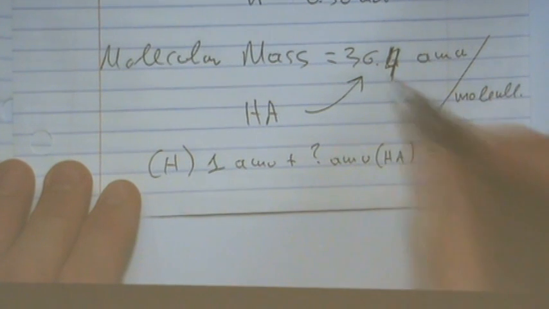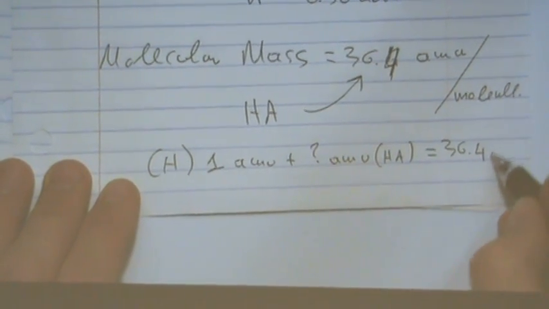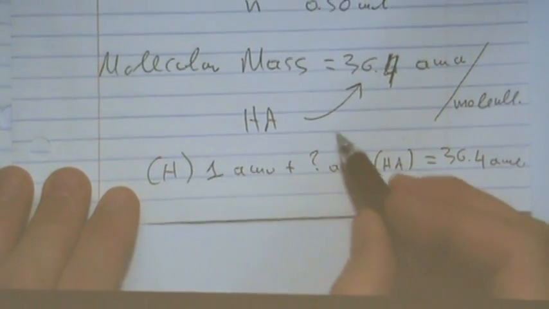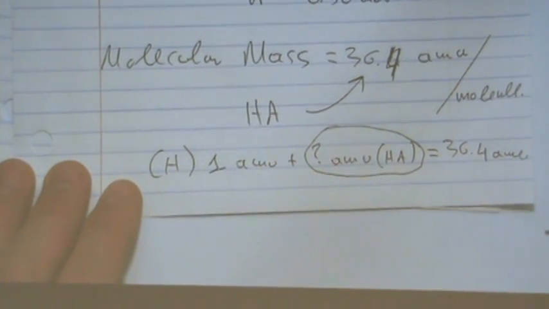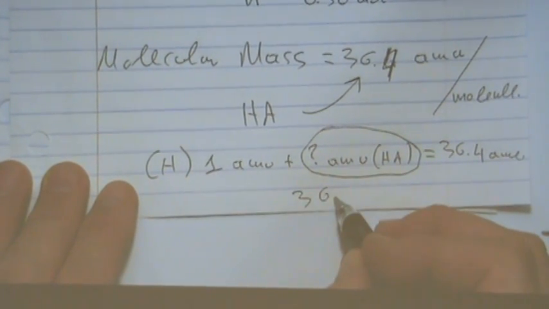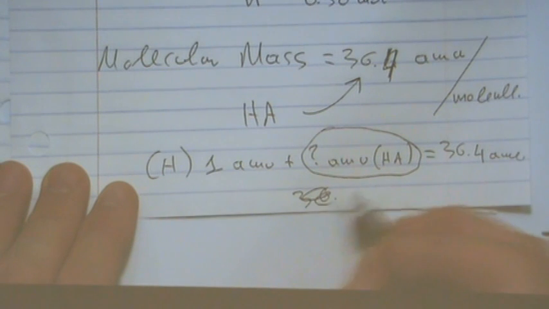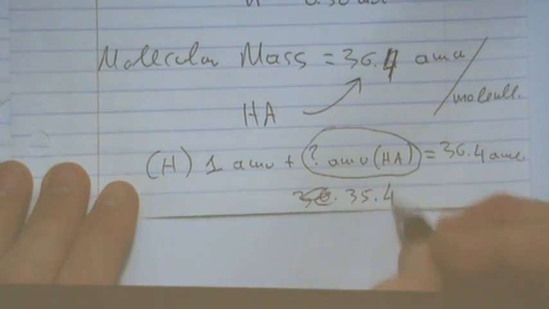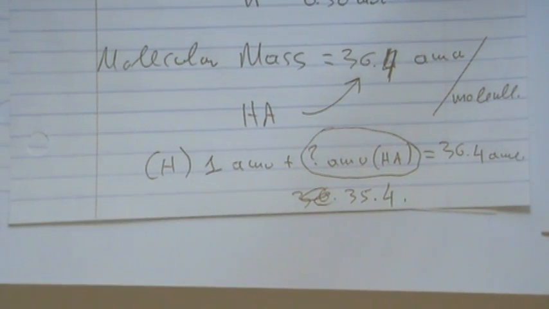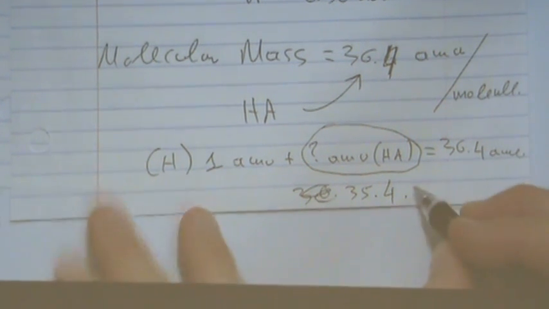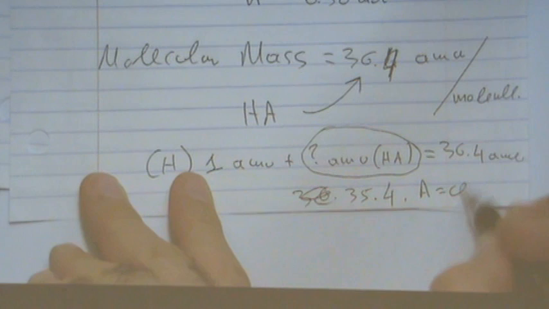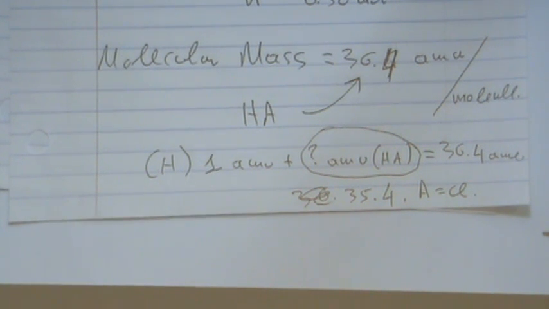That is the molecular mass, 36.4 AMU. So from this one, you can find out that it's how much? 35 actually, 35.4. And if you look at the periodic table, what is it? It's chlorine, right? So A is actually chlorine. So the acid was HCl, right? See how we did it? Good problem? What do you think?